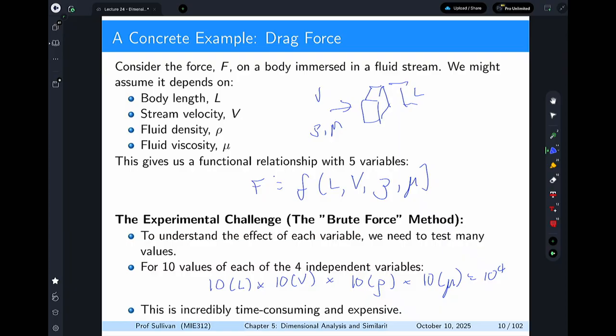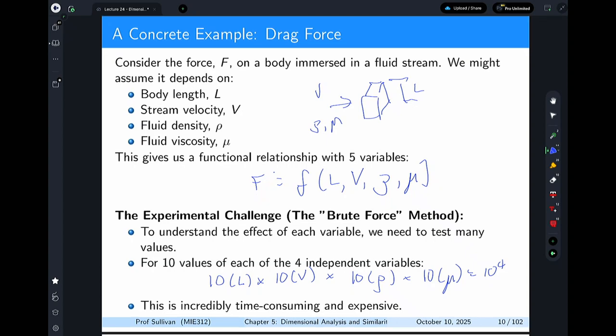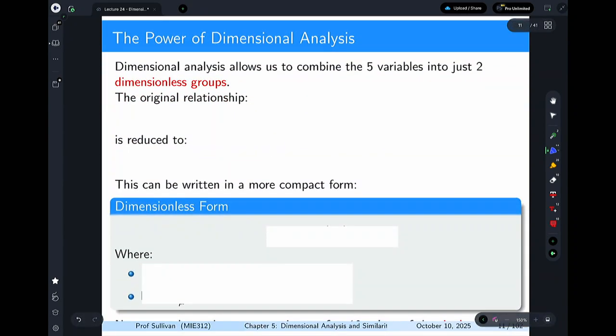Now, at this point, you're already familiar with where this is going to end up. I can start to look at a combination of these variables, and one of them comes screaming out at me. I have force as a function of L, V, rho, mu.